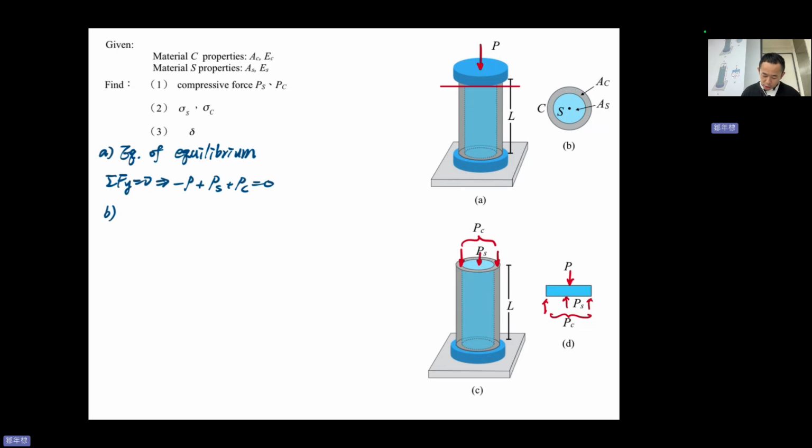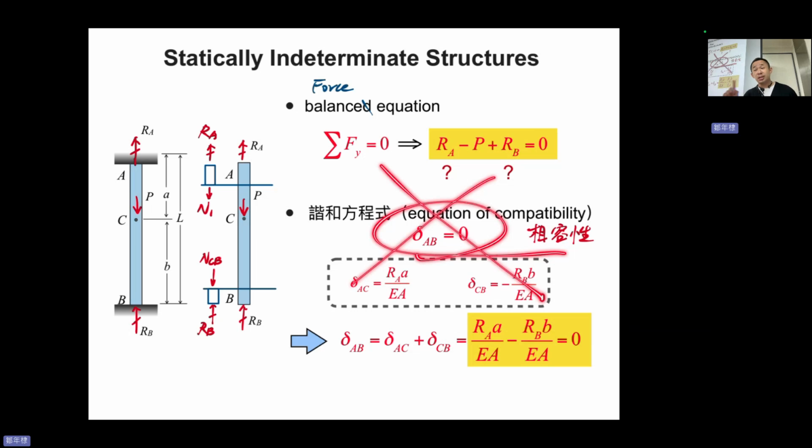Next one, the equation of compatibility. Okay. So what is the compatibility? Is that delta equal to 0? No. So we cannot memorize this.